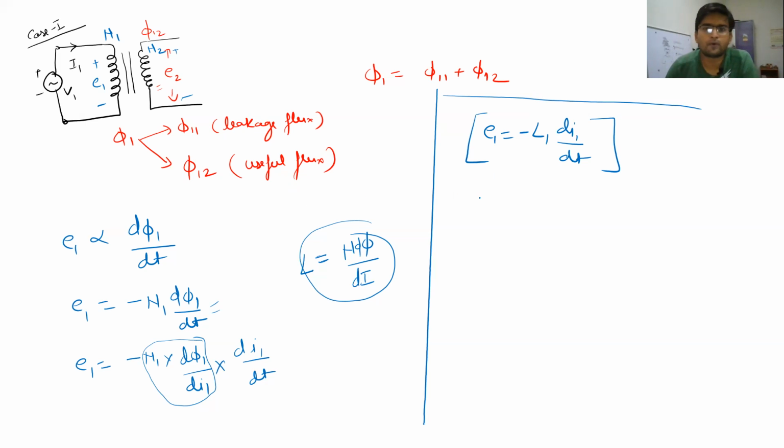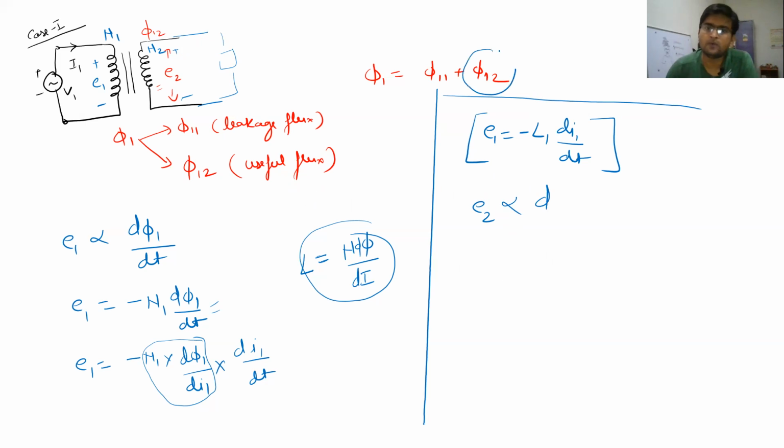Now if we talk about E2, you see that there is no source on the secondary side. There may be some kind of load connected to the output. So this E2 value, similar to E1, must be proportional to the flux. Which phi will you take?